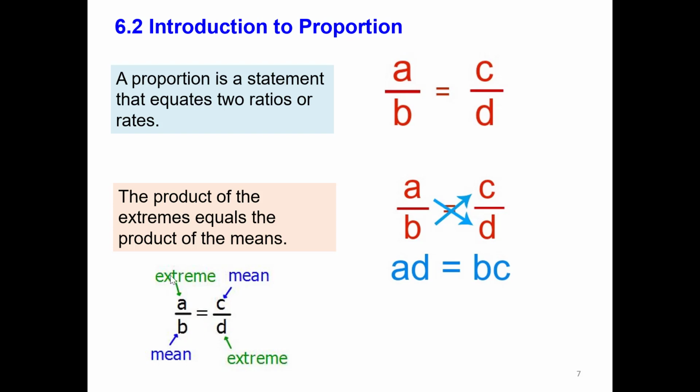For any proportion, the product of extremes, A times D, equals the product of means, B times C. And this property we can use to solve problems.